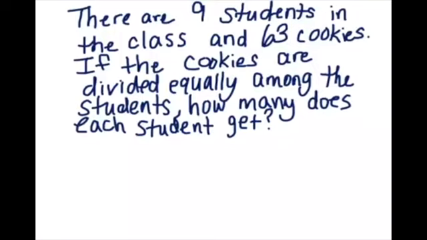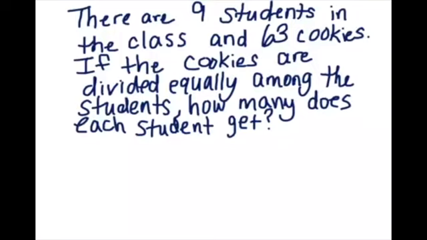All right, after I read this problem, I will want you to try this on your own, and you will need to decide, are you going to be multiplying or dividing? And then you need to figure out the answer. So I will read the problem, and then I want you to pause and try to figure this out. There are 9 students in the class and 63 cookies.